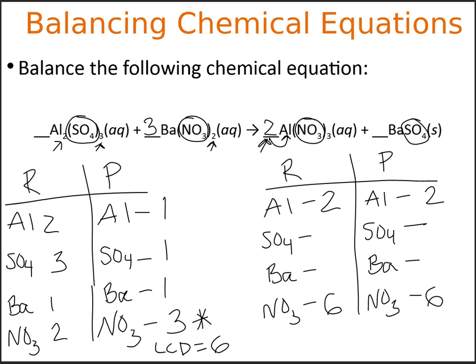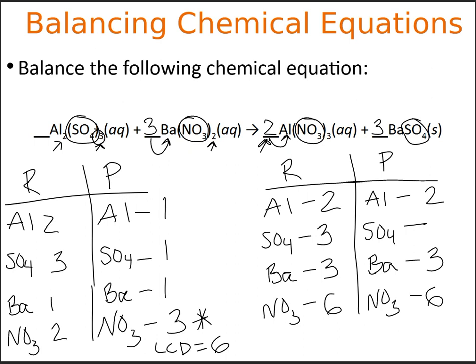We added a 3 for the barium nitrate, which means that we now have 3 barium atoms. Oops. So now we have to fill in 3 over here to balance it out. Our sulfates, we already had 3 on the reactant side because of this subscript.